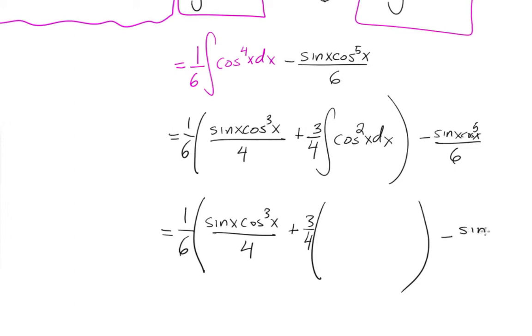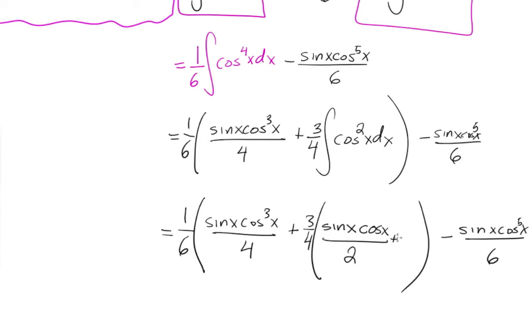I'll just write down the last part here so that we have it. Cosine to the 5th x over 6. Okay, so if I use the reduction formula now on cosine squared, what would it look like? Sine x cosine to the 1, right? X over 2, and then plus n minus 1 over n.